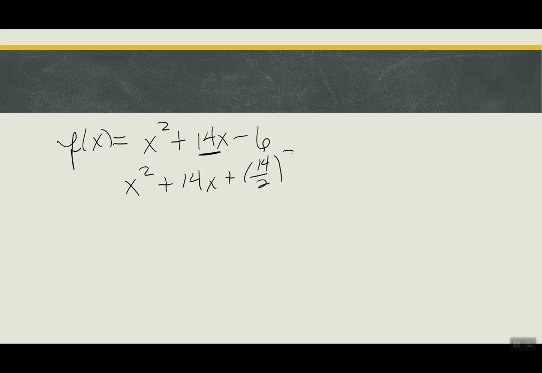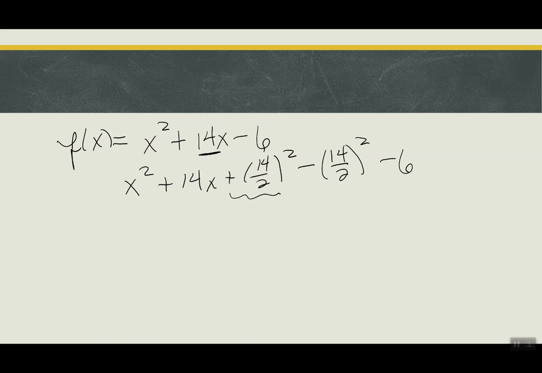So let's say I have f of x is x squared, let's say plus 14x, and then let's say, I don't know, minus 6. So what are we going to do? We're going to take half of 14, x squared plus 14x plus 14 over 2, and I'm going to square it. I just added 14 over 2 squared, so I'm going to subtract 14 over 2 squared.